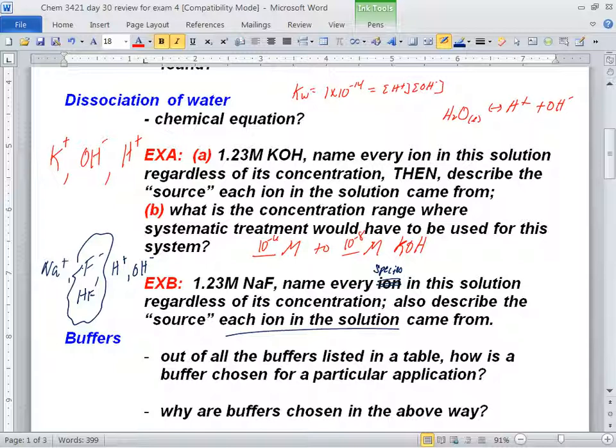So that's kind of what I'm playing around with. I think this is the one that applied more so for what we were talking about, because I remember when this started out, they asked what's the fraction of hydrogen ion that's from the dissociation of water in this solution. I remember that was asked in the homework.